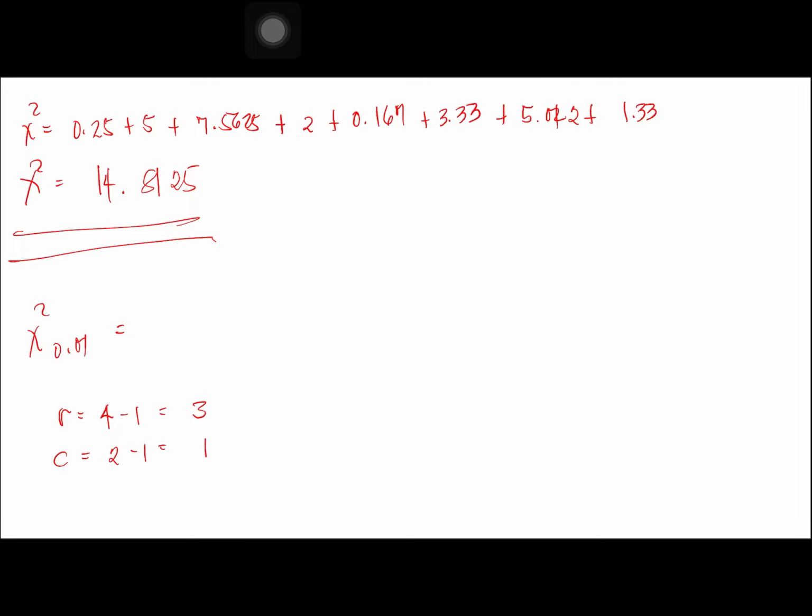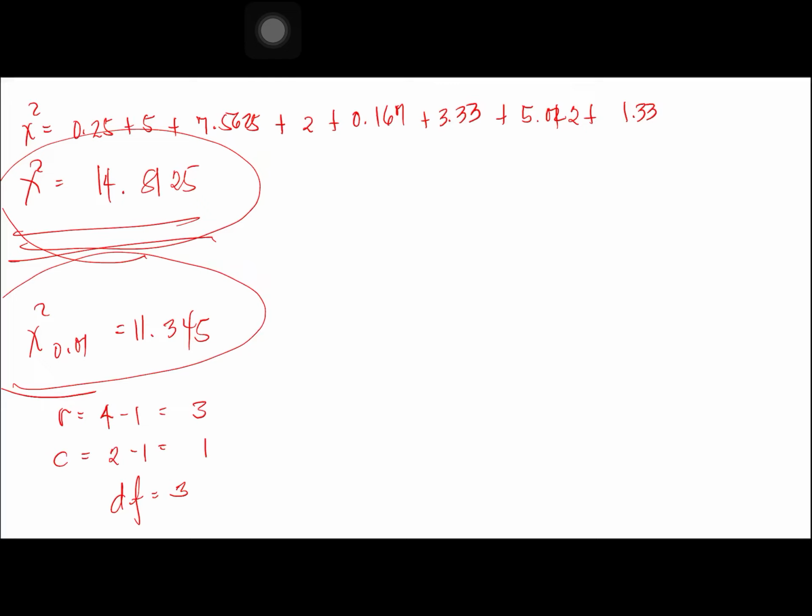So, our degrees of freedom is 3. At 0.01, we have 11.345. Okay? So here, our computed value of chi-square is greater than our tabular value of chi-square. So that only means that the null hypothesis is rejected.